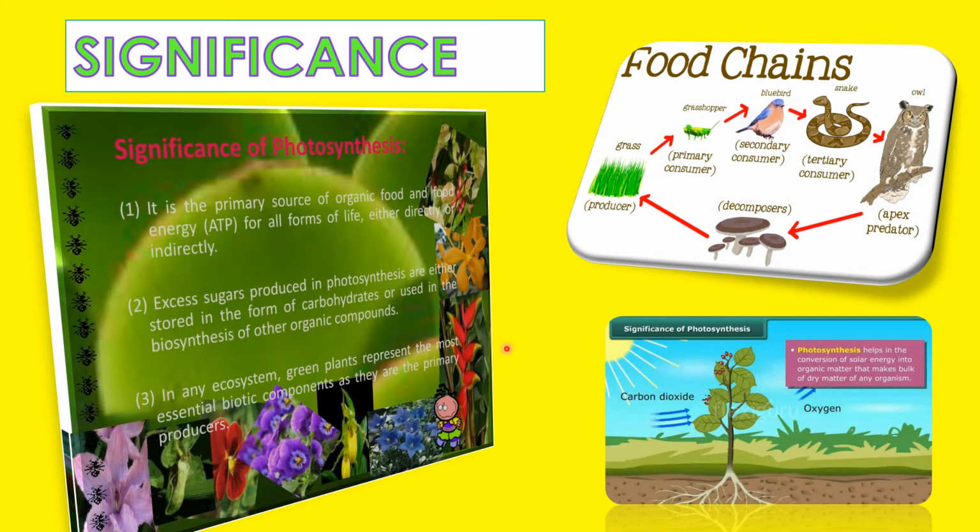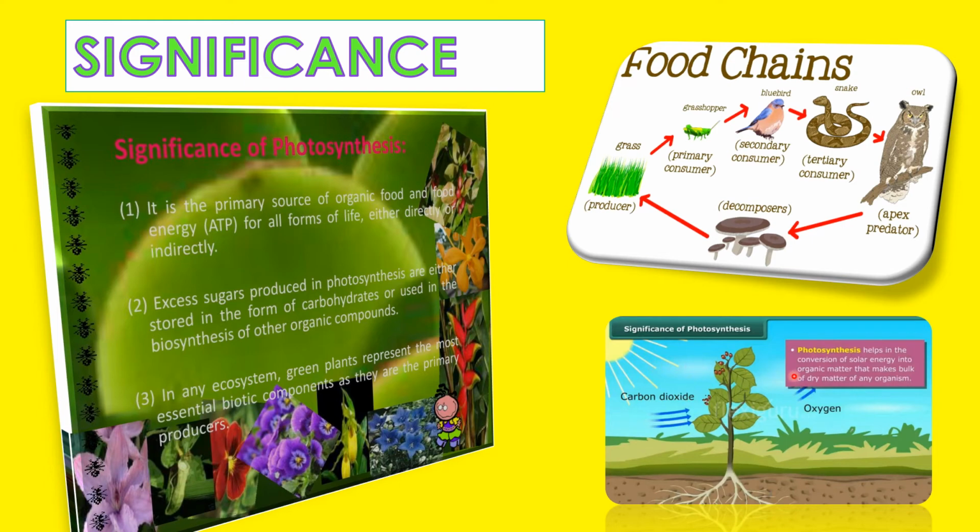They constitute producers, the first trophic level of the food chain. A food chain is a series of processes in which one organism feeds on another and is in turn eaten. So in any ecosystem, green plants represent the most essential biotic components as they are the primary producers.